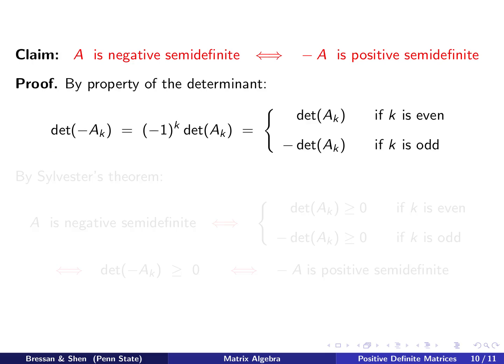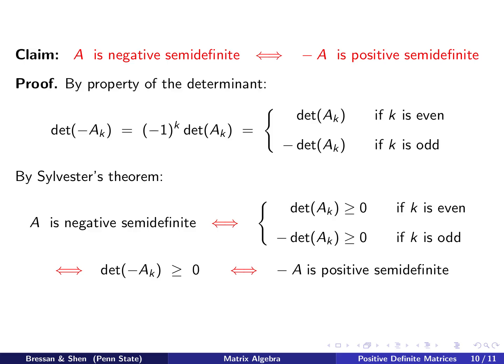For any matrix, say a matrix A_k, the determinant of negative A_k is (-1) to the power k times the determinant of A_k. So it equals the determinant of A_k if k is even, because this becomes 1. Otherwise, if k is odd, you get a negative sign.